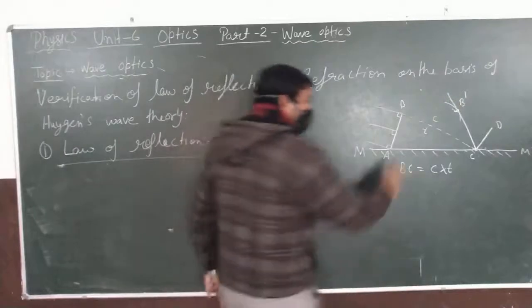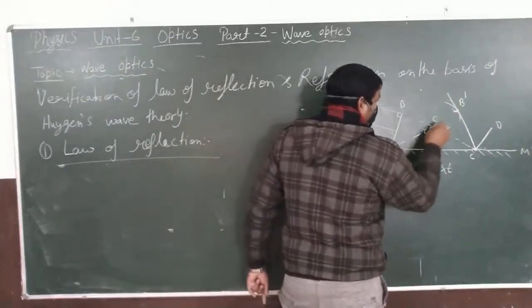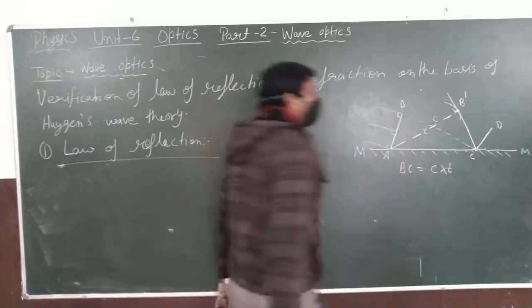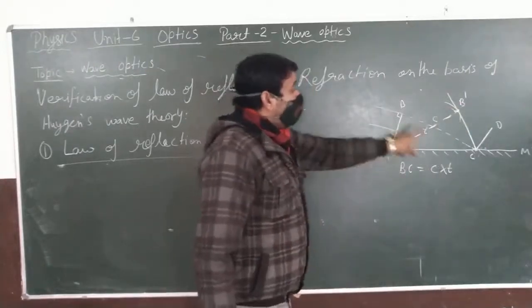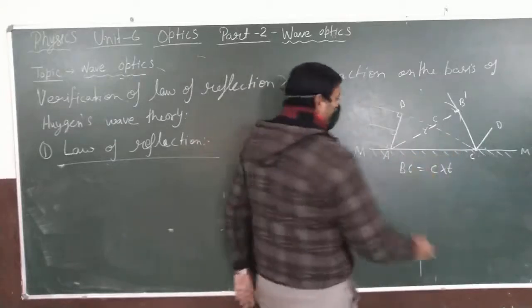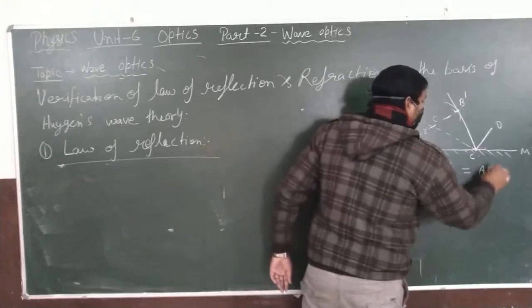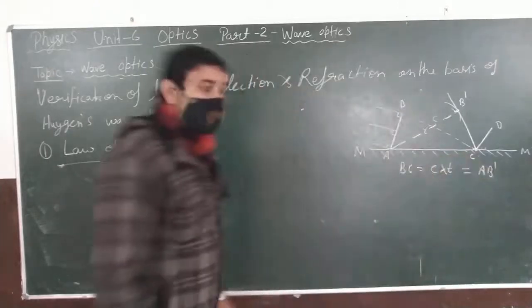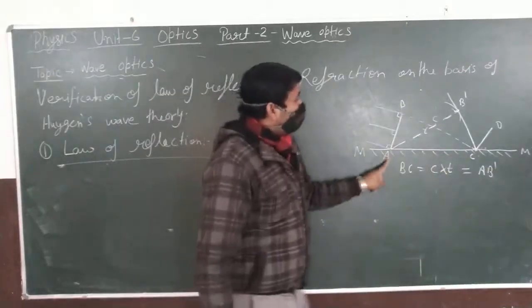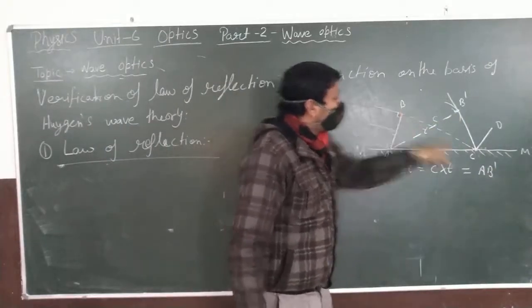Now when we join A to B dash, we observe that AB dash is equal to BC as per construction. It is clear? Because AB dash is the arc taken with BC as radius.